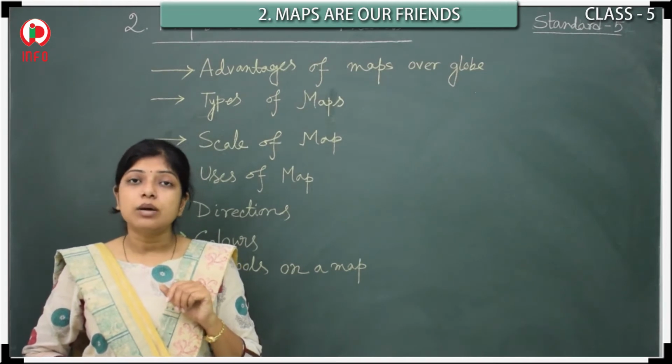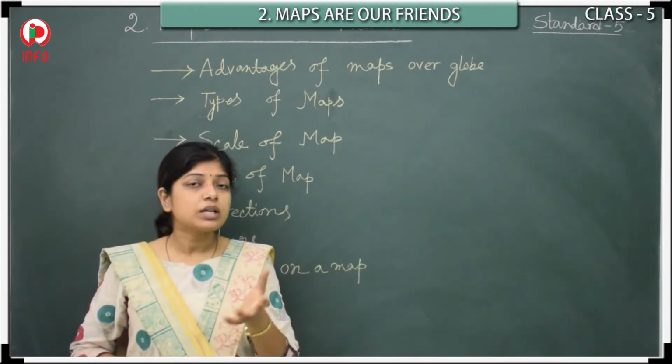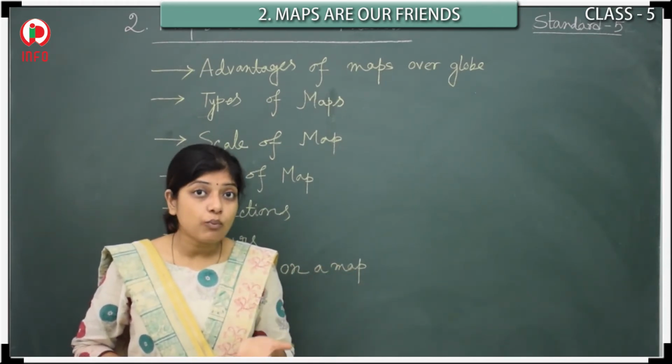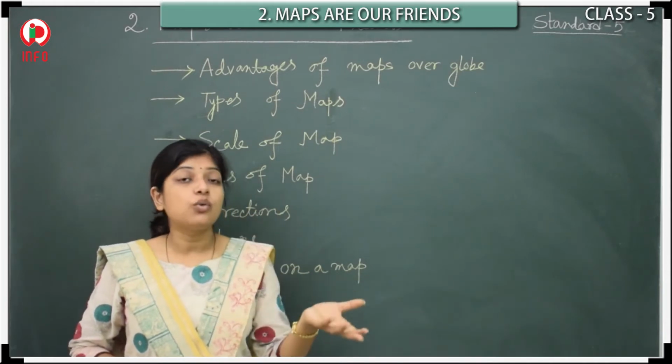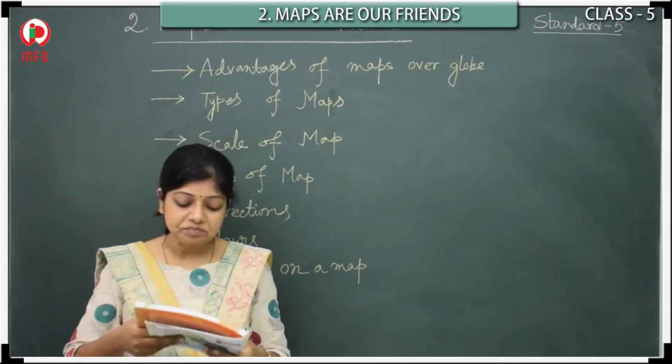Practically, it is not possible to visit all of the countries throughout the world. But what is the way to know about them without going there? That is the map.